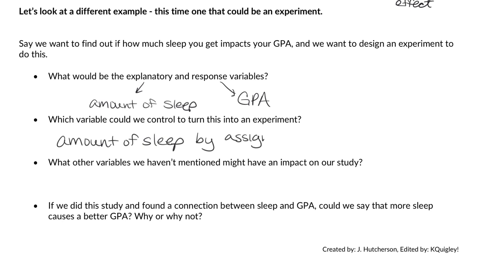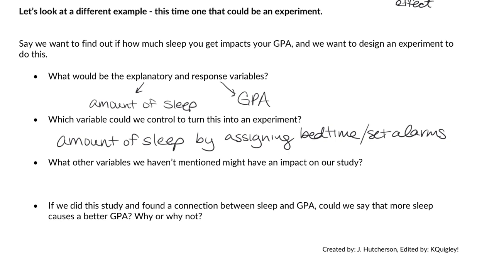What else? And wake up time. So now we can control multiple groups. One group sleeps for 8 hours, one group sleeps for 4 hours, one group sleeps for, oh my gosh, please not less than 4 hours, but it's an experiment, we'll try it. Y'all should sleep more than that, okay?